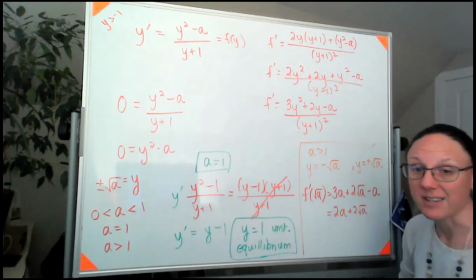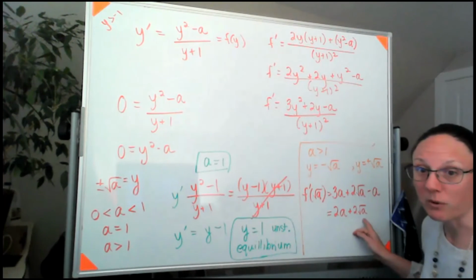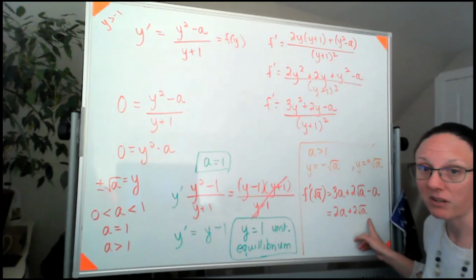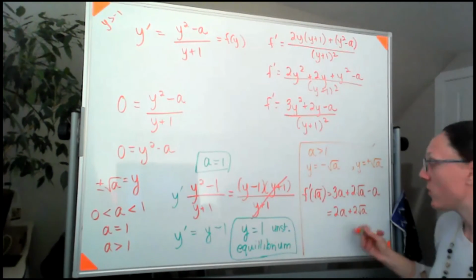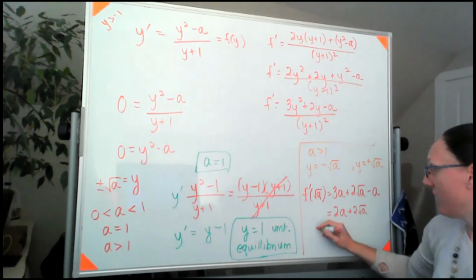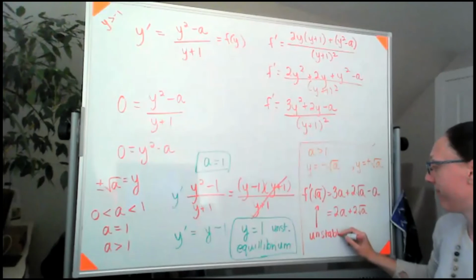Well, whatever that is, it's got to be positive, because the square root of a is some positive number, and we know that a is greater than 1. So this means that that equilibrium is unstable.